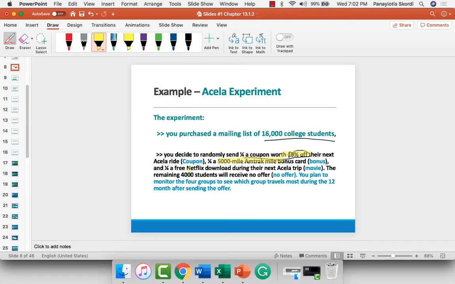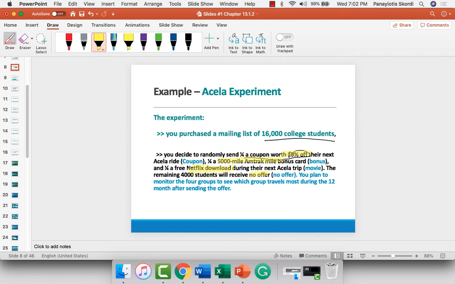And another 25% of them, they're going to give a free Netflix movie. And the last set of people, they're going to give nothing. So I guess that's like a control group: one group a coupon, one group bonus miles, another group a movie, and another group nothing.